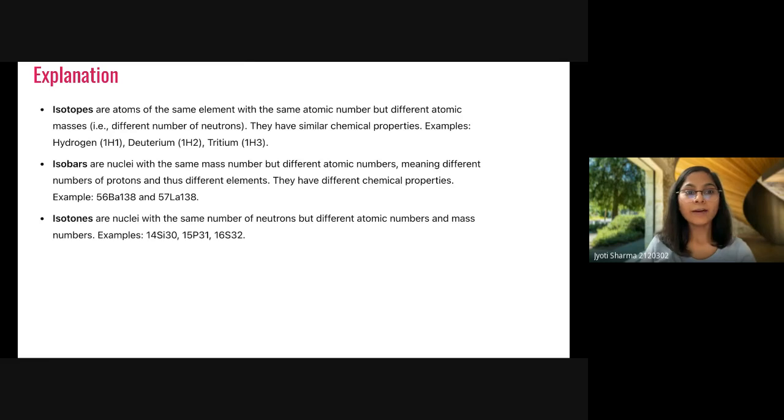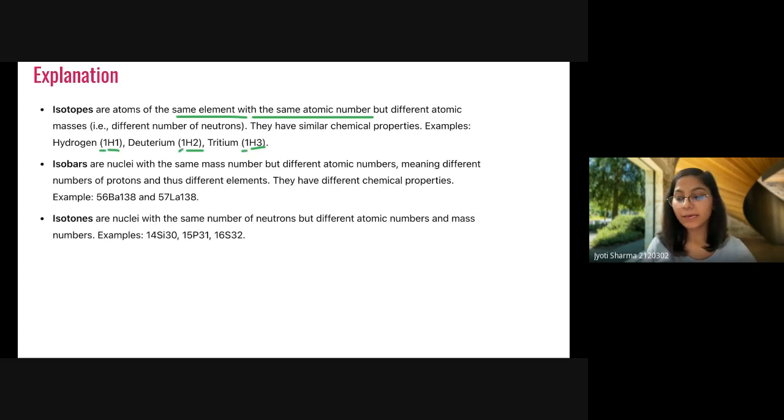So if you have isotopes, it means same element. You have hydrogen, hydrogen, hydrogen. And if we have same element with same atomic number, so here the atomic number is 1, 1, and 1, right?